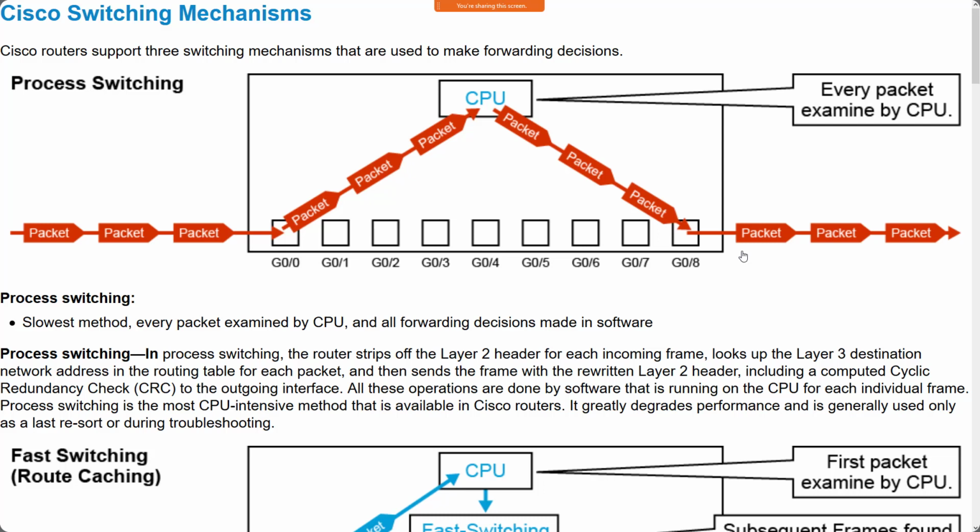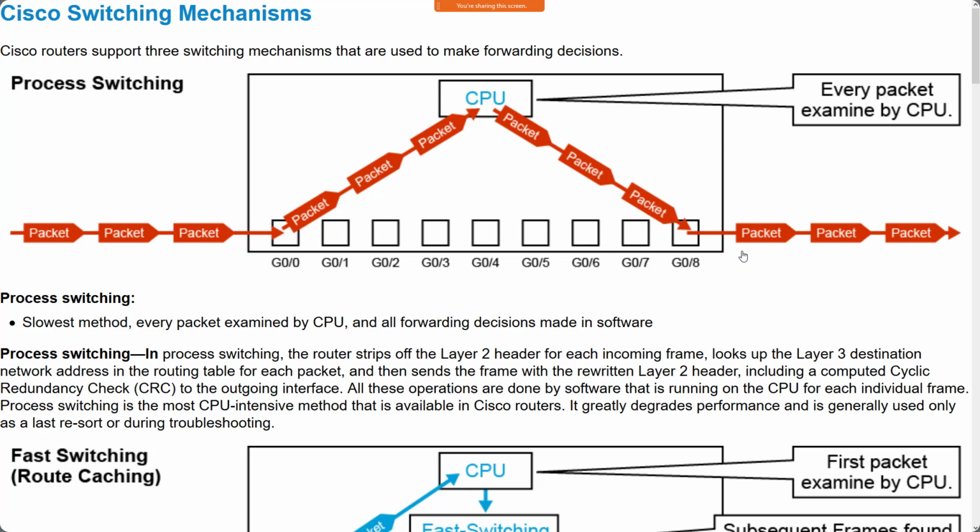All right. Now, with regard to actually processing data through the different planes of existence, the control plane versus the data plane, the slowest method, and in a lot of devices the only method that's available, is to do process switching. Basically, process switching means that every single piece of data that goes through the device has to go through the CPU.